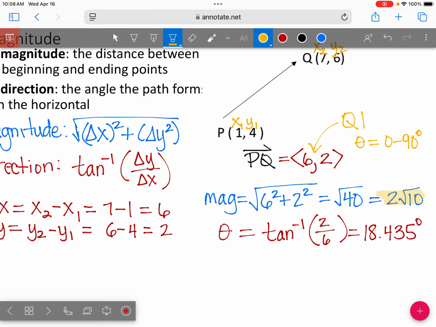We got our magnitude of our vector. We have the direction that our vector is going. We have it written in vector notation. And this is actually called component form, because component form shows the change in x and the change in y. So for the rest of this page, we're just going to practice finding the magnitude and the direction for each vector.